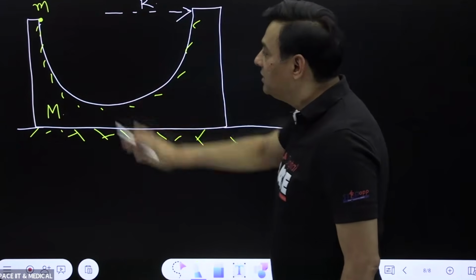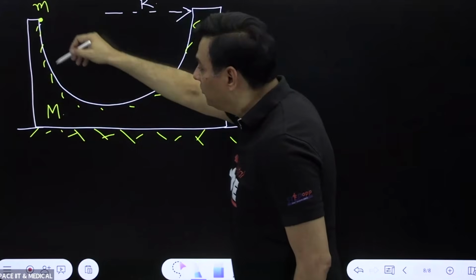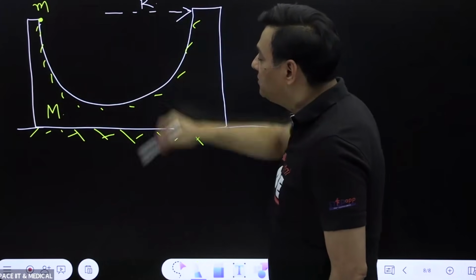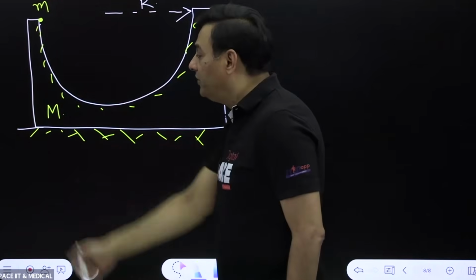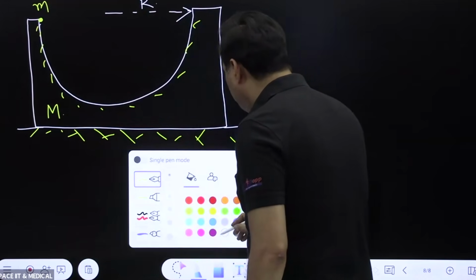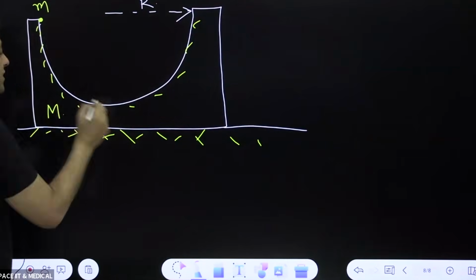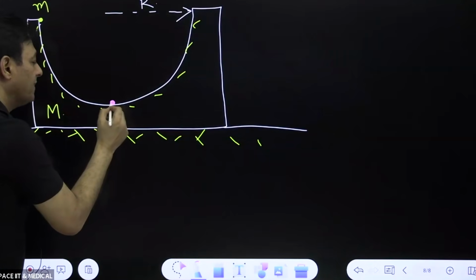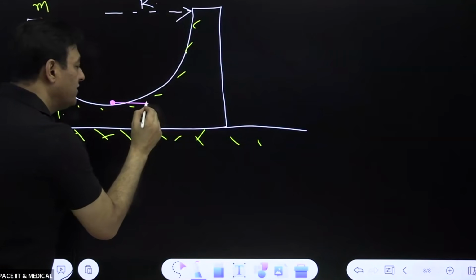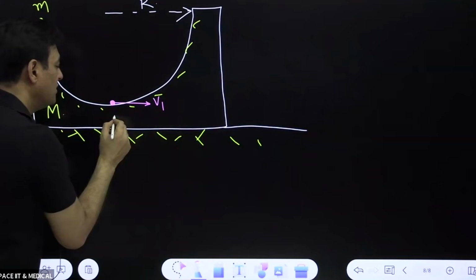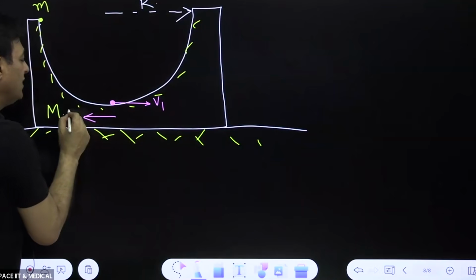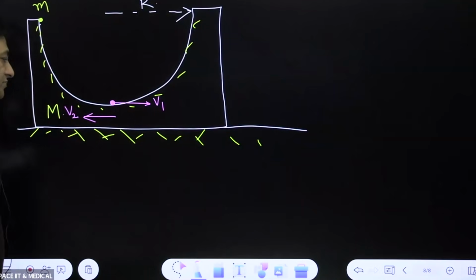Every surface is frictionless. So when it falls down and reaches the lowest point, the wedge would also be moving. So let's assume the wedge has some velocity towards left. The point mass has reached the bottom and has a velocity v1. The wedge is also moving towards left and has a velocity v2.